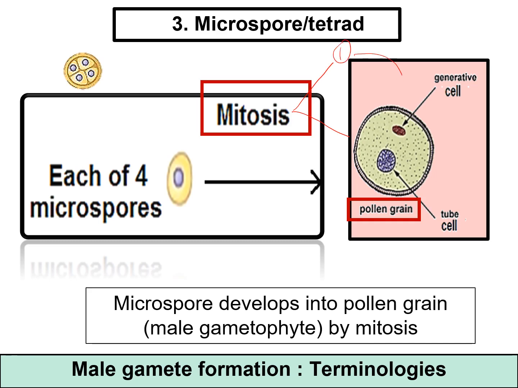One cell is the generative cell. The second cell is the tube cell. So this is already a pollen grain, but it is not a mature pollen grain. See? This whole structure is called pollen grain. Inside the pollen grain, we can find generative cell and tube cell.